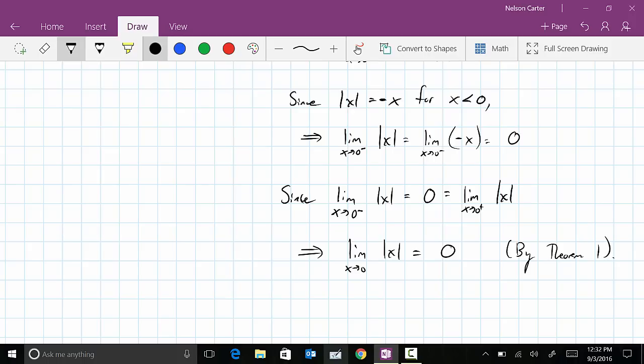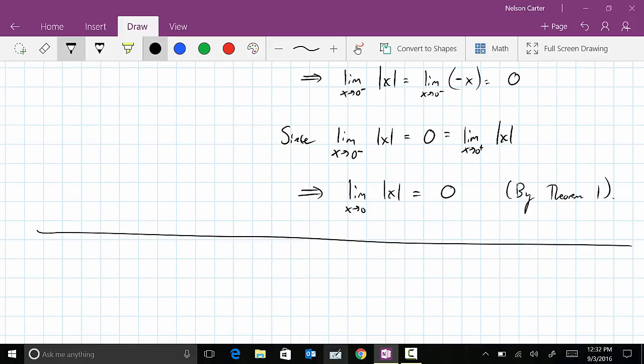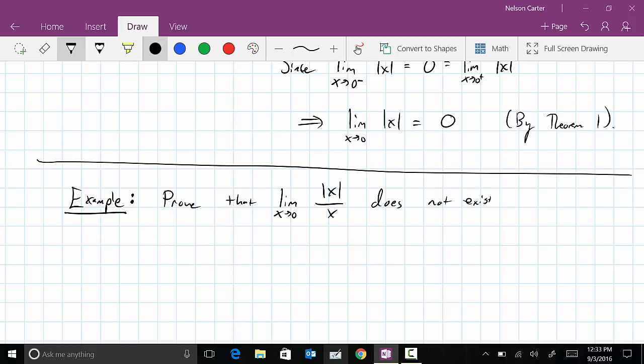Okay. Now, let me show you an example of a limit that does not exist. Prove that the limit as x approaches 0 of the absolute value of x divided by x does not exist.